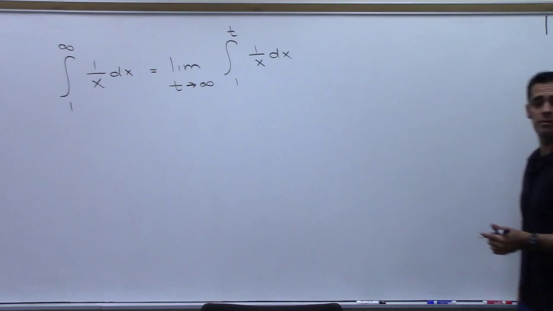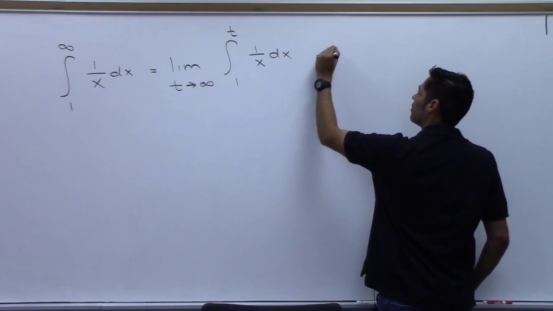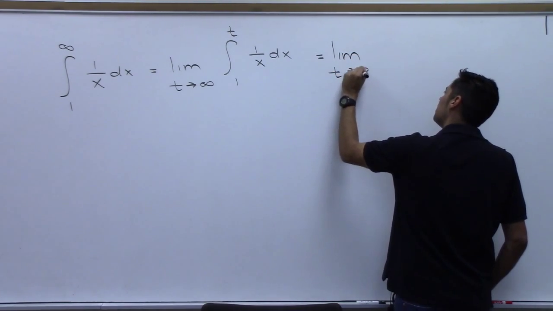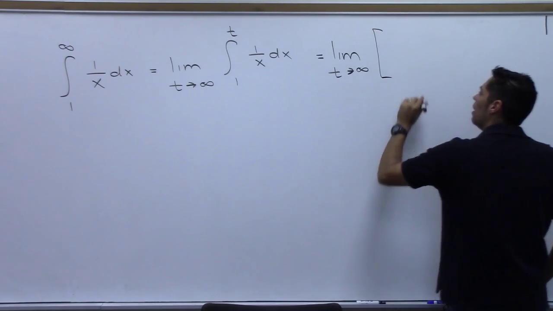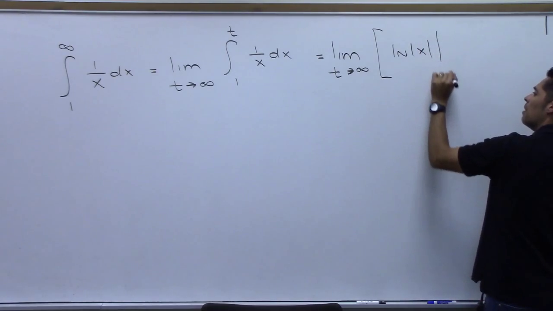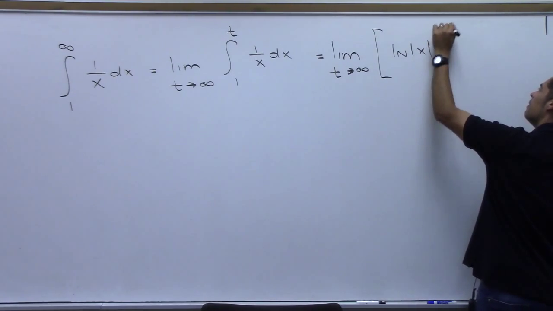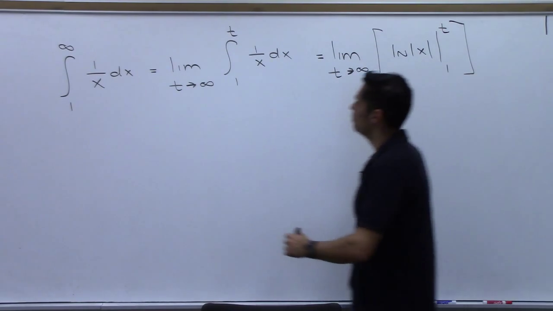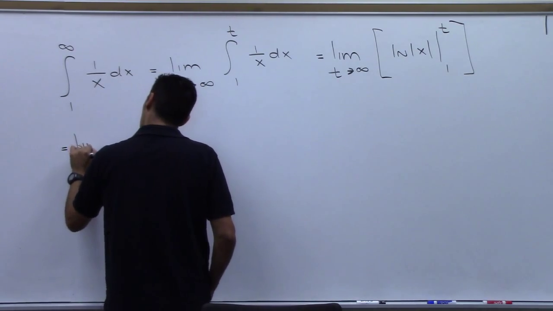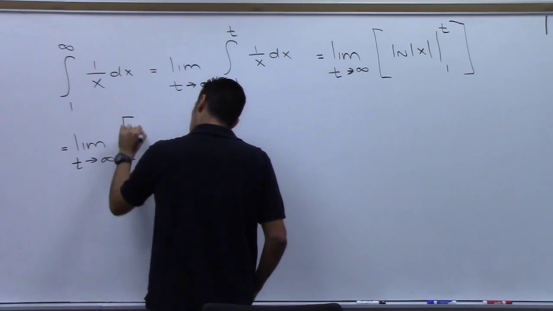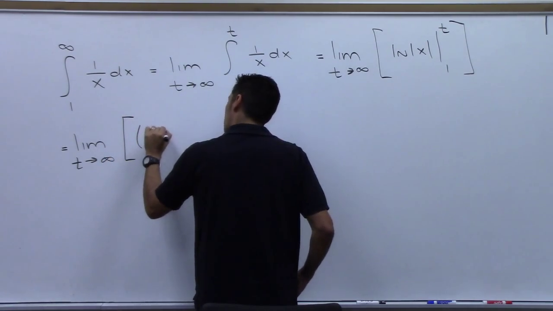Take the antiderivative. What's the antiderivative of 1 over x? Natural log. So don't forget the limit out here, though. This is natural log of the absolute value of x, evaluated 1 to t. Now you plug in t, you subtract what you get when you plug in 1. So this equals the limit as t goes to infinity of, okay, so plug t in first, you get natural log of the absolute value of t.